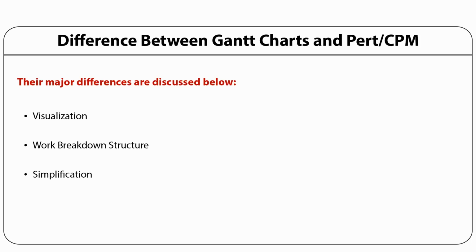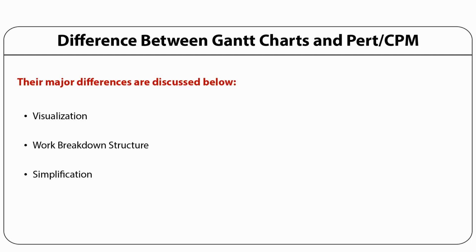Thirdly, simplification. Gantt charts are ideal for straightforward projects with few interlinking tasks because Gantt charts present only two pieces of data: project tasks and time allocation. On the other hand, PERT CPM charts also include project tasks and time allocation, and they display dependency. So it's easier to change the Gantt charts as the task moves along and comes closer to completion.